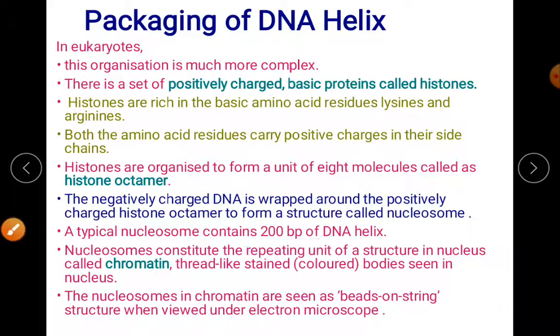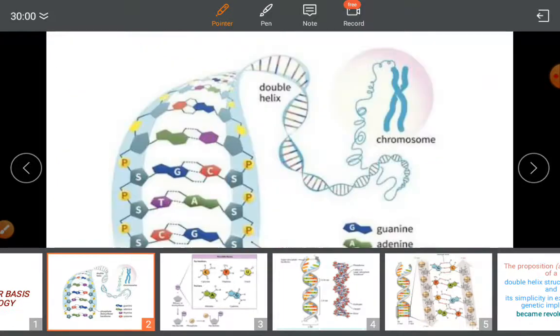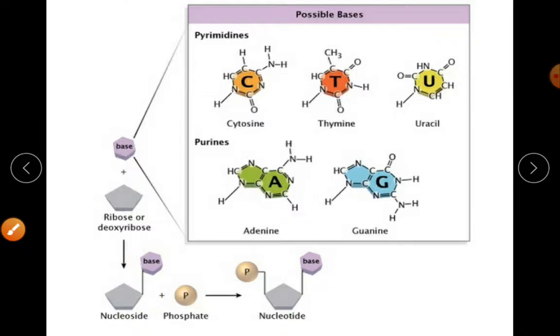Now what is chromatin? Now you have to go back here. This whole thread is your chromatin, and the chromatin is the one which carries the nucleosomes. That's why the nucleosome appears to be a bead-like structure.